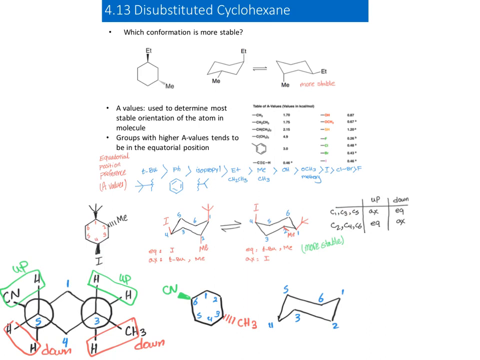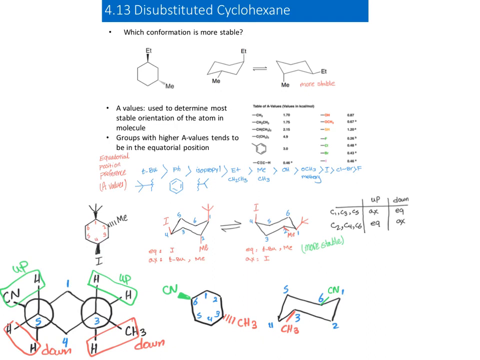So carbon 3 down is equatorial. This is equatorial. And to carbon number 6, we have cyano group attached, which is coming up, and it should be equatorial. Show equatorial this way on carbon 6.